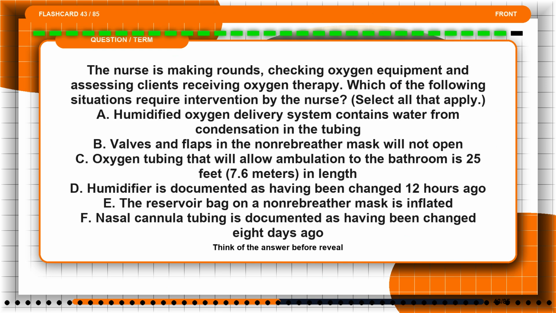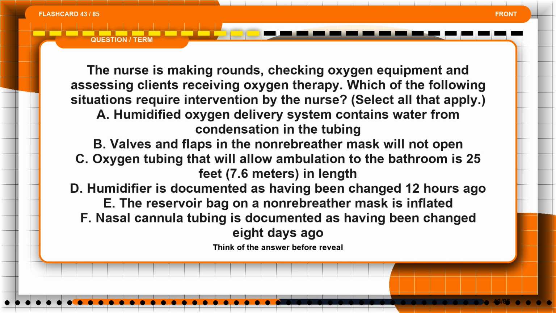Flashcard 43. The nurse is making rounds, checking oxygen equipment and assessing clients receiving oxygen therapy. Which of the following situations require intervention by the nurse? Select all that apply. A. Humidified oxygen delivery system contains water from condensation in the tubing. B. Valves and flaps in the non-rebreather mask will not open.